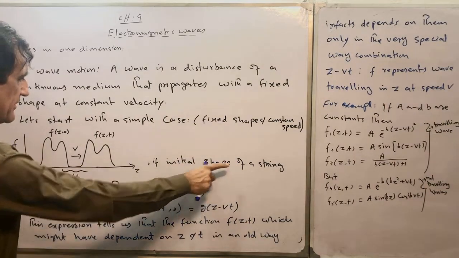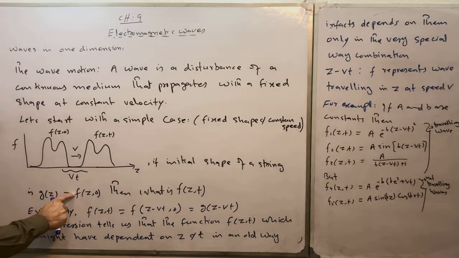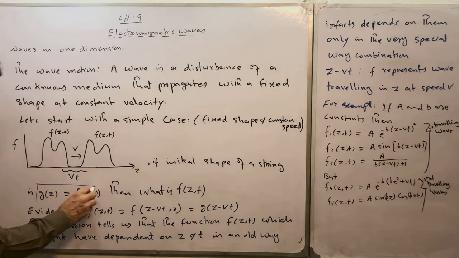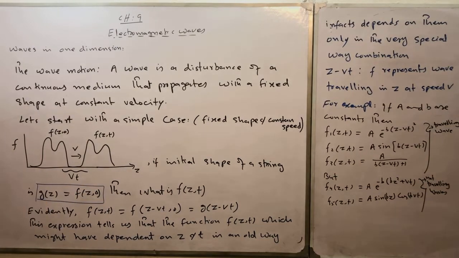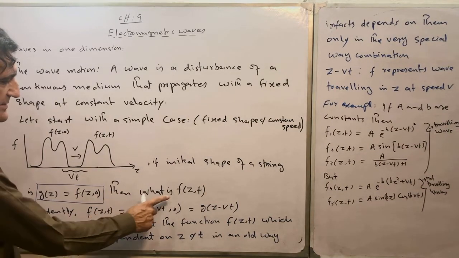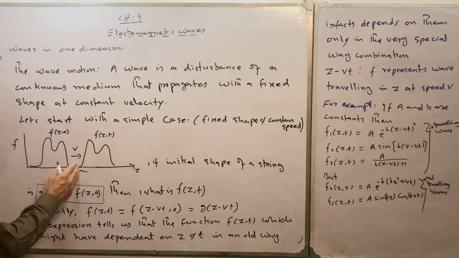The initial shape of a string is g of z, which is equal to f of z, 0. So this is the condition for the initial time t equal to 0. Then the question is, what is f of z, t after some time t?